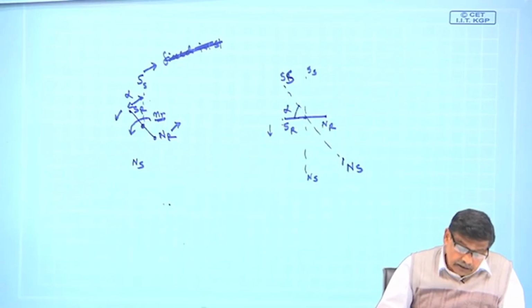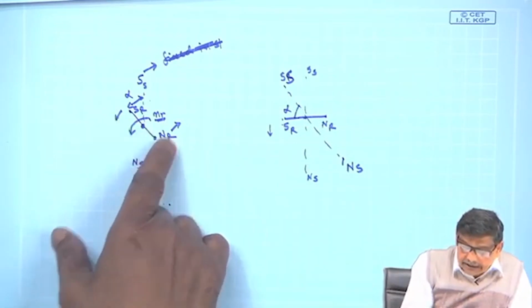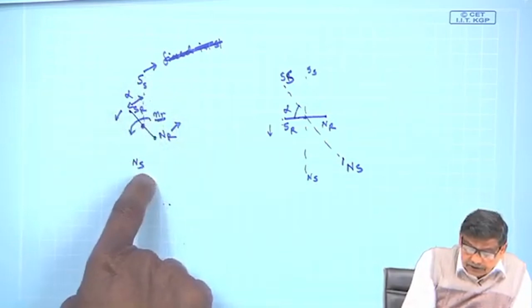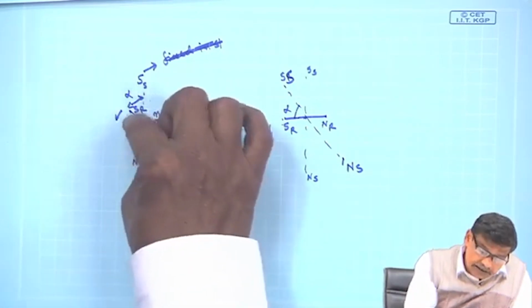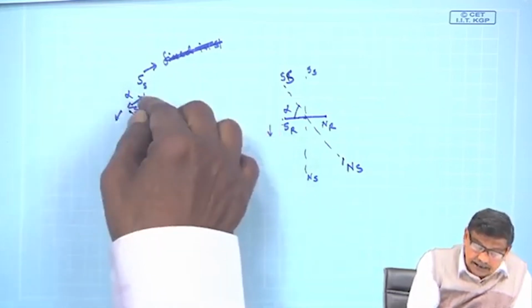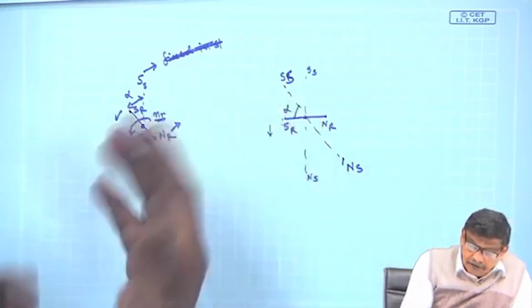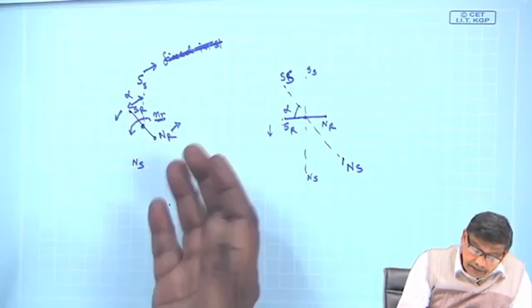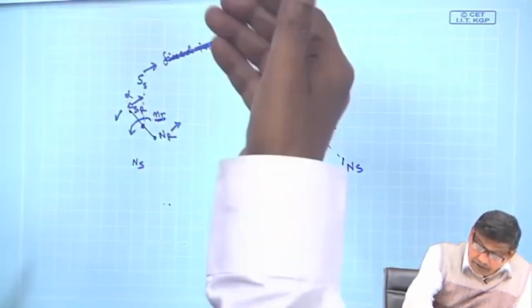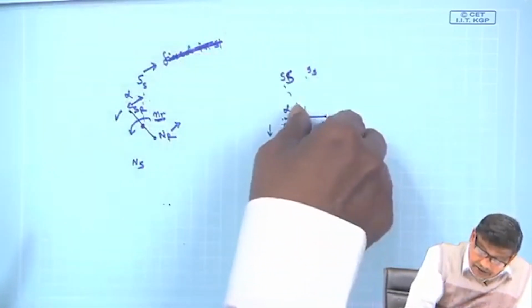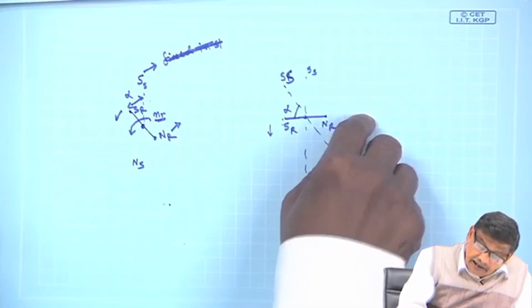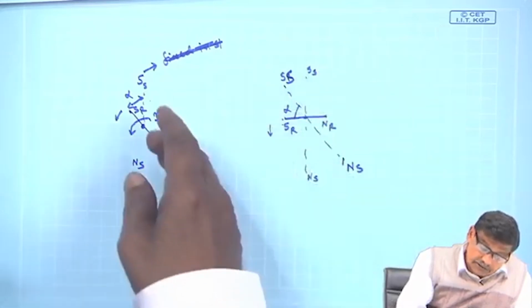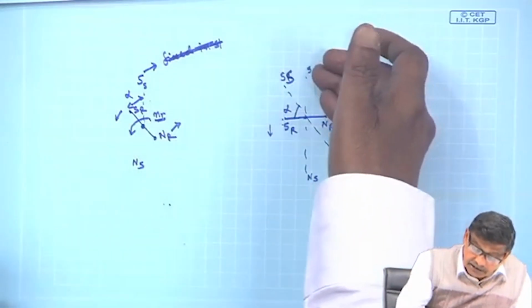I am repeating. So, SR NR was there initially, SS NS in this position, and if I hold it, it experiences a torque in the anticlockwise direction. Now, some time elapses, SR NR, because it was experiencing a torque, will come, suppose, to the horizontal position like this, and SS NS is where it was earlier, like this.